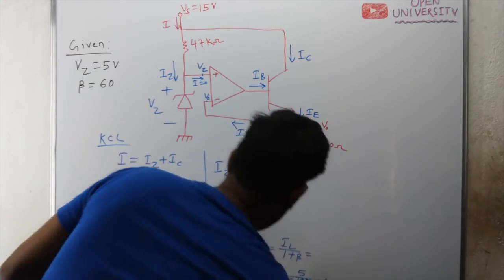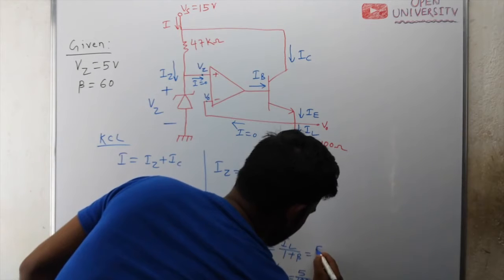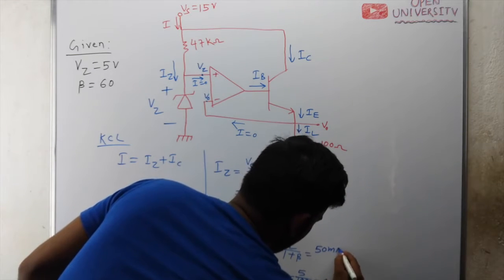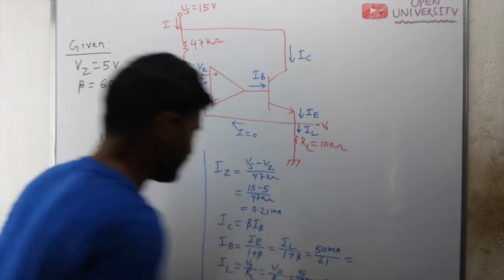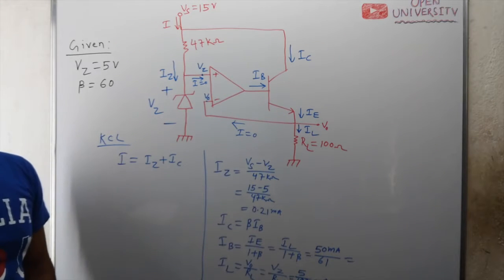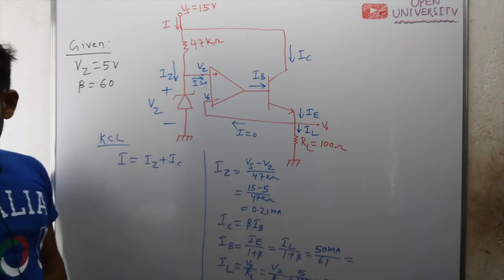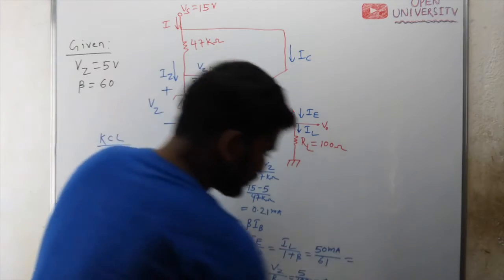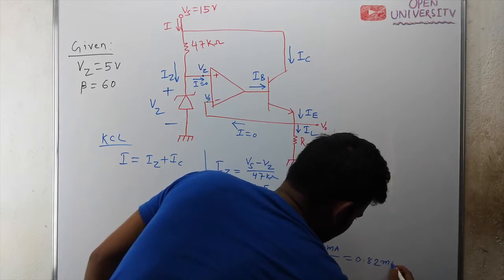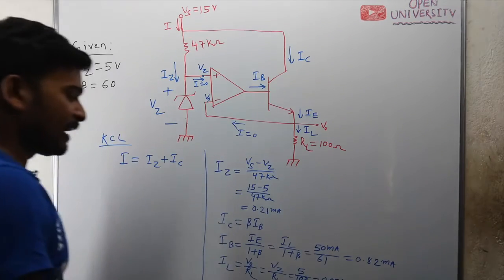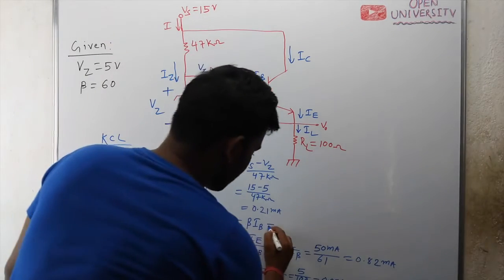If you substitute here, your IB will be 50 milliampere divided by 1 plus beta, that is 61. The value of IB will be 0.82 milliampere. Then what will be the value of IC?